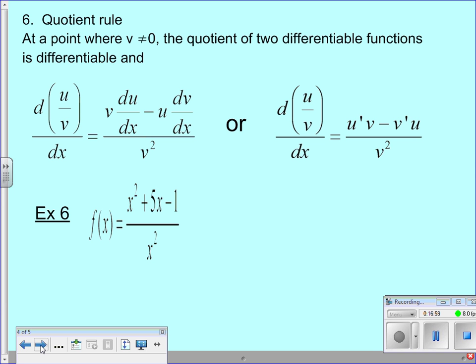One, you're not adding the two terms. You still take the derivative of the first times the second, derivative of the second times the first, but you are subtracting them. So order is important. Divided by the denominator squared. So it's the derivative of the numerator times the denominator minus the numerator times the derivative of the denominator all over the denominator squared.